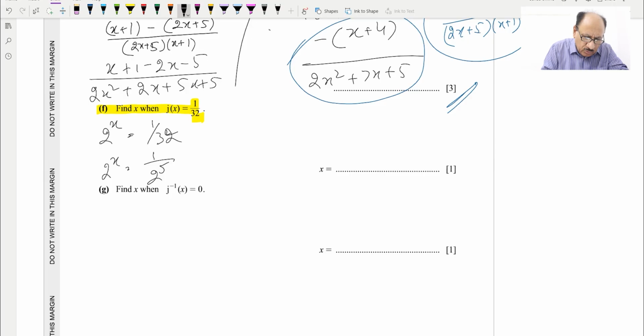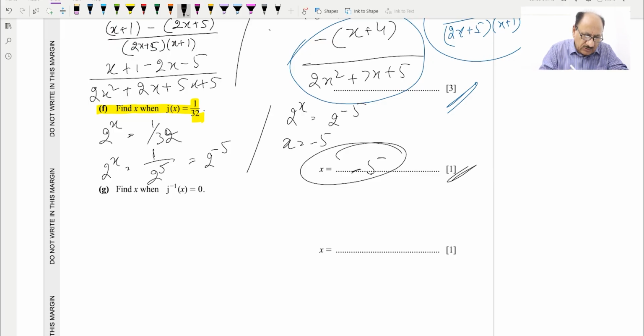So we can write this as 2 raised to minus 5. So 2 raised to x is equal to 2 raised to minus 5. Bases are same, so we can leave the bases. So x will be equal to minus 5. So minus 5 will be our final answer for this 1 mark question.